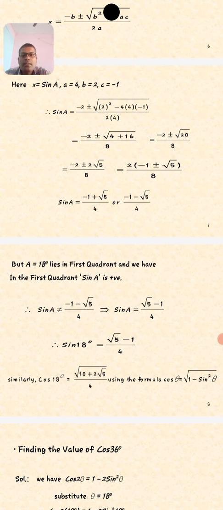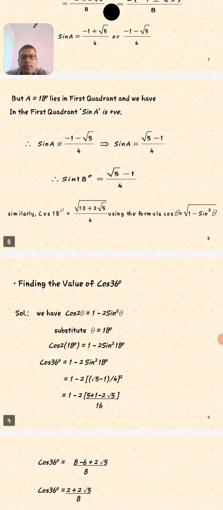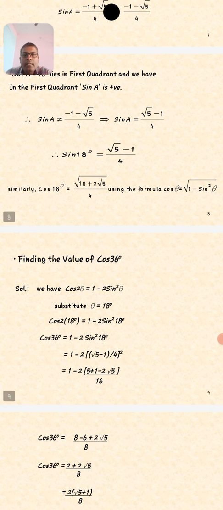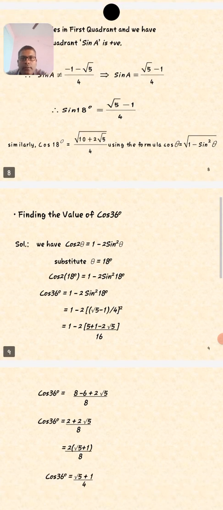That's why sin a is not equal to (−1 − √5)/4. That implies sin a is (√5 − 1)/4. Therefore sin 18 degrees is equal to (√5 − 1)/4. Similarly, we find cos 18 degrees is equal to √(10 + 2√5)/4, using the formula cos θ = √(1 − sin² θ).